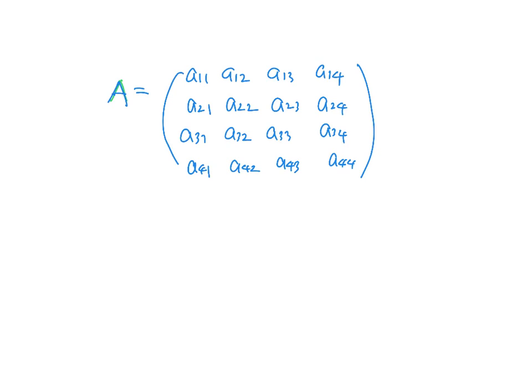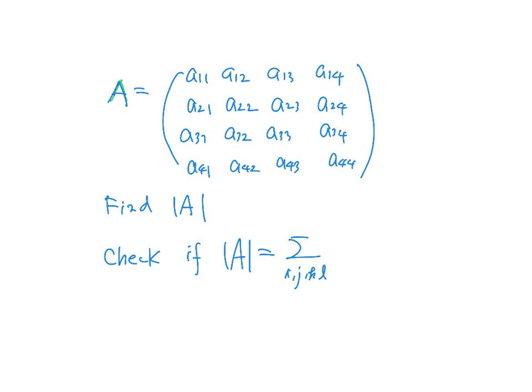So find determinant A. This is one homework, and check: you already obtained the epsilon ijkl previously, right?